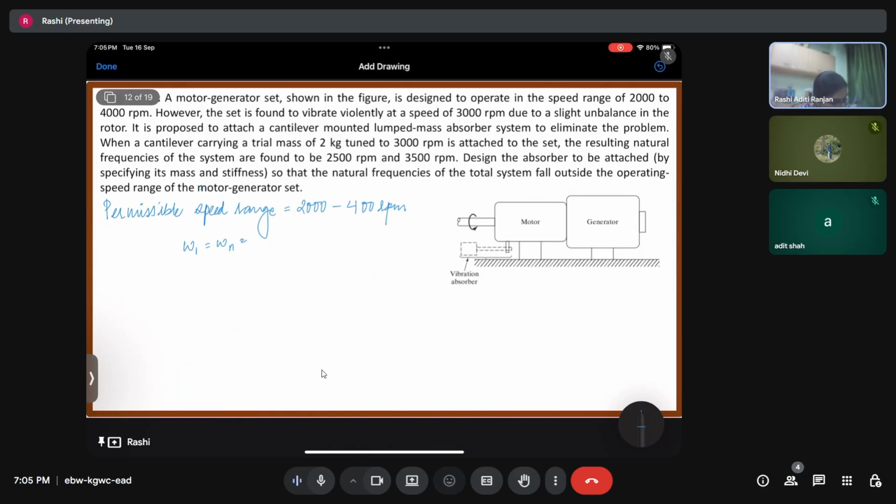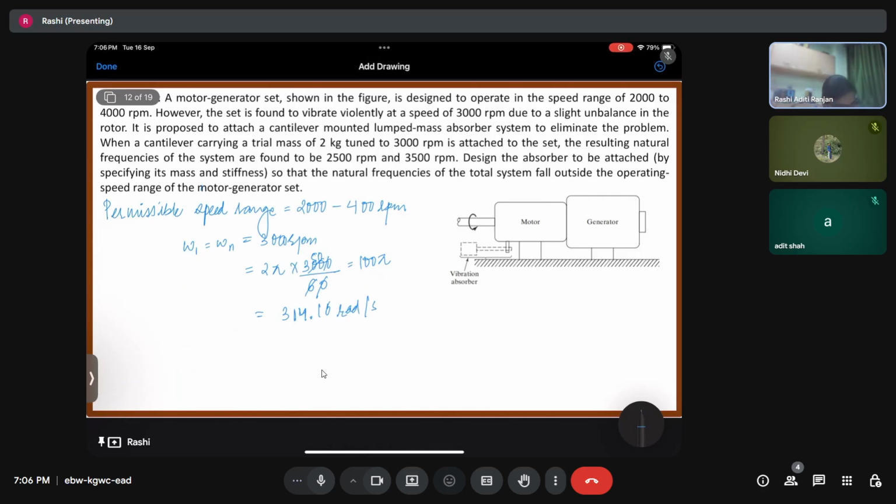It is equal to 3000 RPM, which is converted into 2 pi 3000 divided by 60, so 100 pi, which is 314.16 radians per second. This is omega 1.